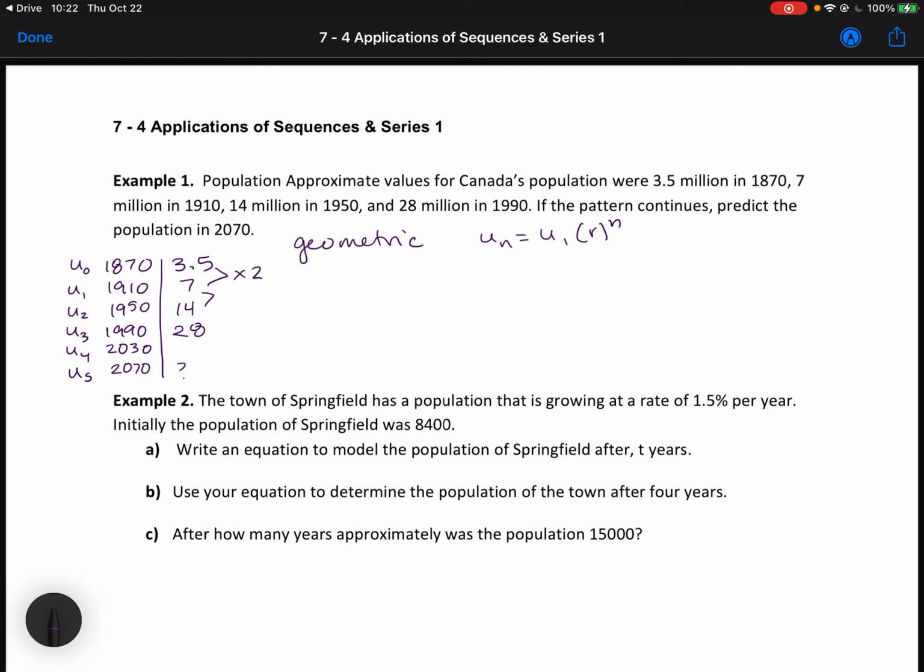So when I set up the equation for my general term, I've got Un is really going to be equal to, I'm just going to modify this, U0, which is actually the first term or my initial population starting at the beginning of that first year. Then my R value, which is 2, and then n. So now what this is going to allow me to solve for is U5.